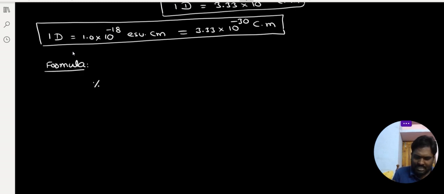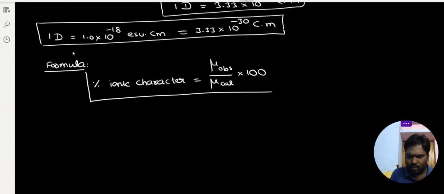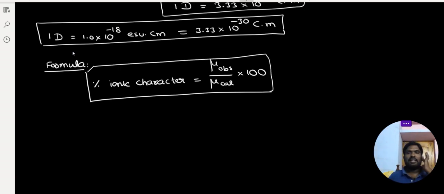Percentage ionic character is equal to mu observed by mu calculated into 100. This is a very important formula.